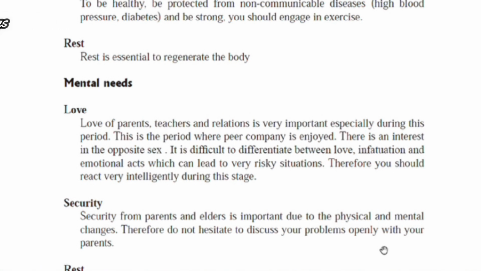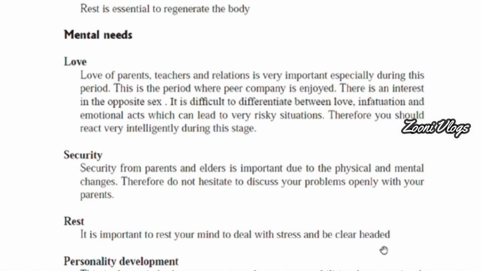So security from parents and elders is very important during this period. Physical and mental changes can be seen in this period. So do not hesitate to talk about your problems with your parents. That is a very important thing.